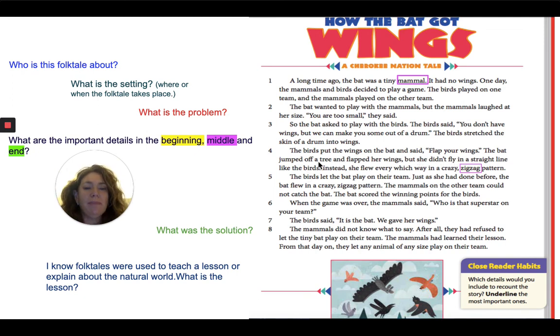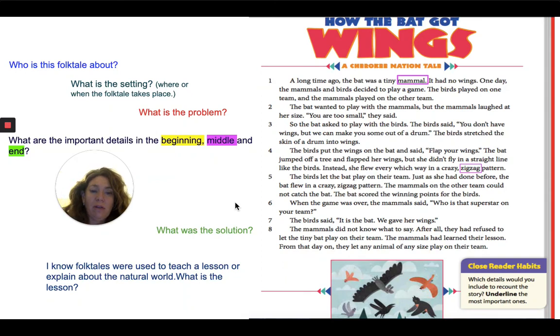The bat jumped off a tree and flapped her wings, but she didn't fly in a straight line like the birds. Instead, she flew every which way in a crazy zigzag pattern. The birds let the bat play on their team. Just as she had done before, the bat flew in crazy zigzag patterns. The mammals on the other team could not catch the bat. The bat scored the winning points for the birds.